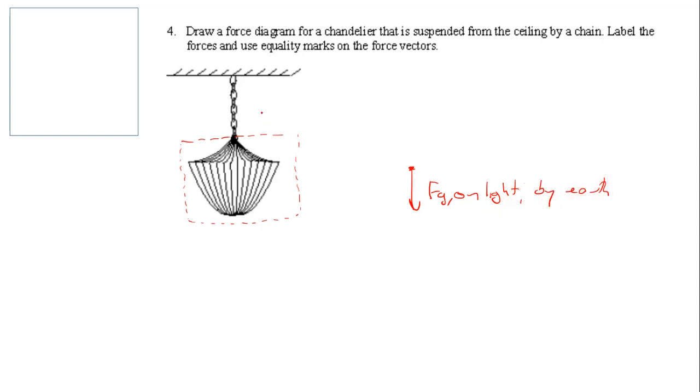And there must be something pulling it up, and you can see the thing that's physically pulling it up because it's in contact, right? That's the chain. And chain is a type of tension force. On light by chain. And those are equal and opposite because it's not moving, not accelerating.